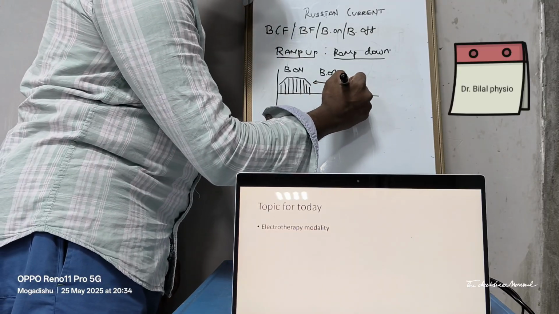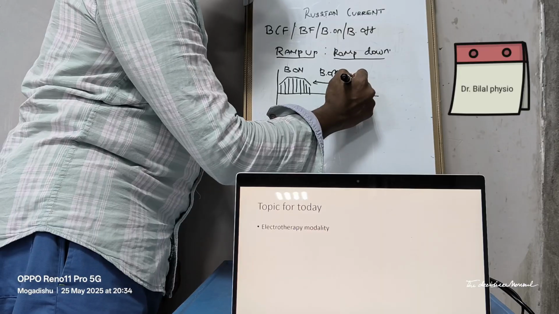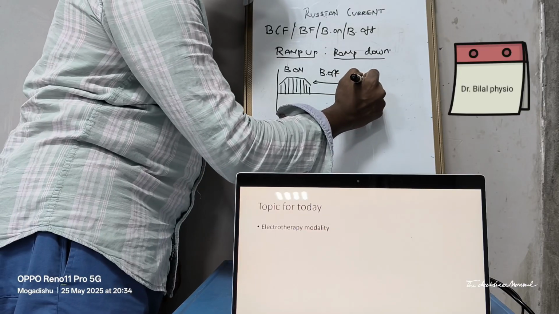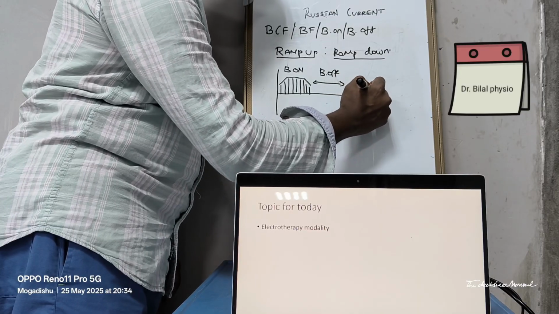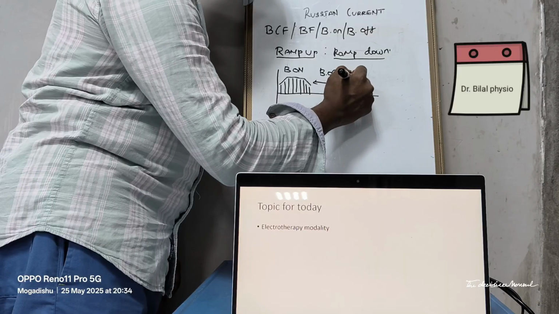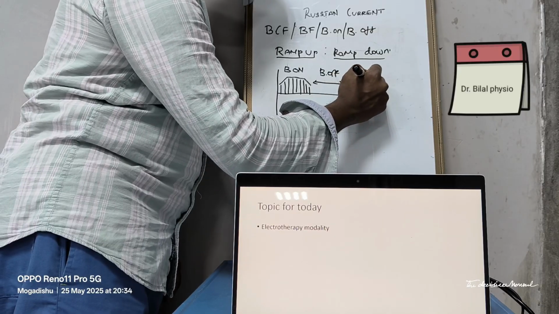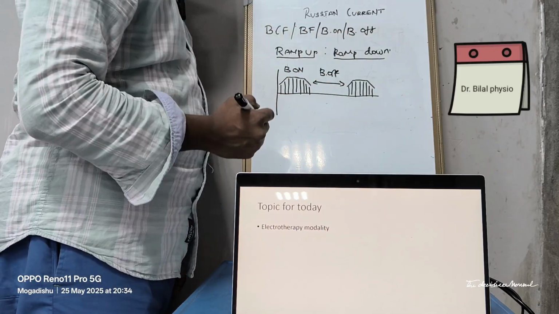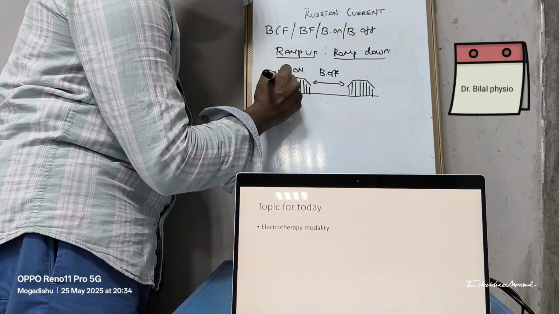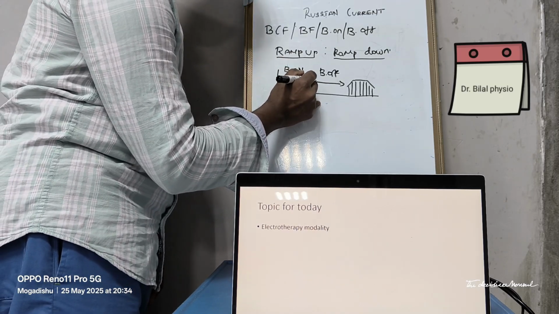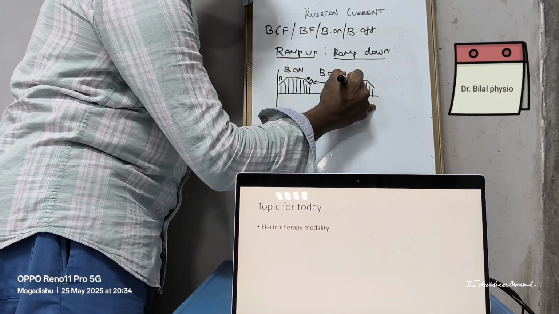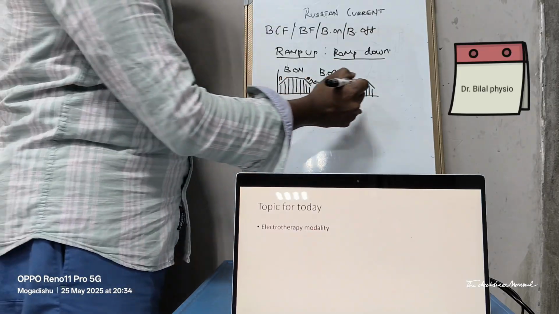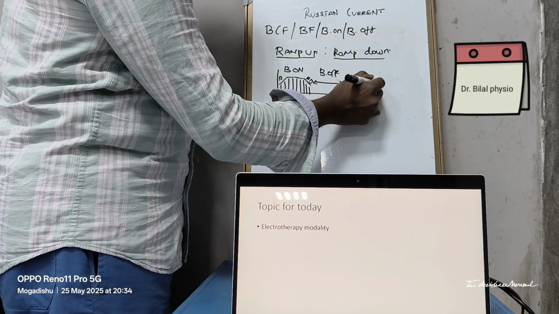Again it is followed by the ramp up and a plateau and then the ramp down. Ramp up, plateau of the current, and ramp down. So this is called ramp up, ramp down, ramp up and ramp down.